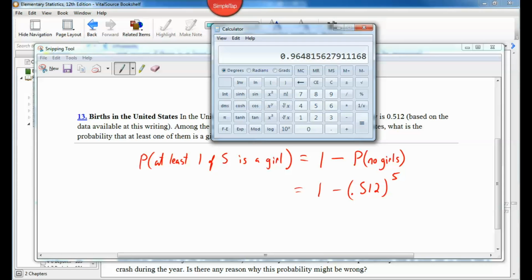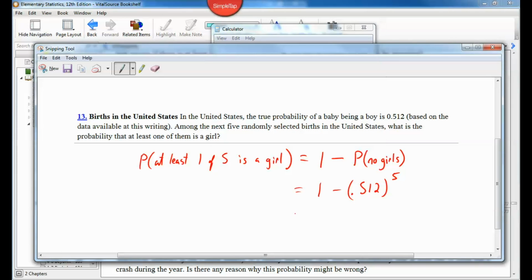All right, to 3 decimal places, that's about 0.965. This is in the United States. I'm assuming there was some big study done and they figured out that the probability of having a boy was 0.512.